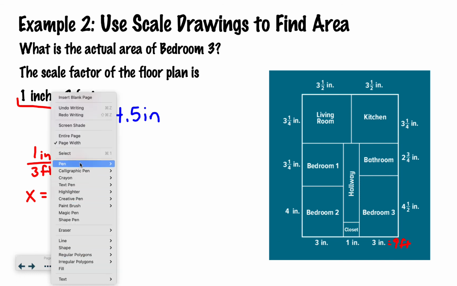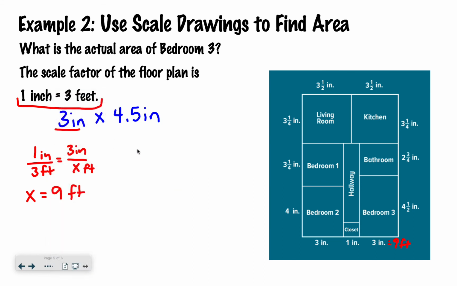Over here, I still have that 1 inch goes along with 3 feet, and then I have 4.5 inches, and I want to know how many feet 4.5 inches are. So 1 times x is just x equals 3 times 4.5, which is 13.5 feet.